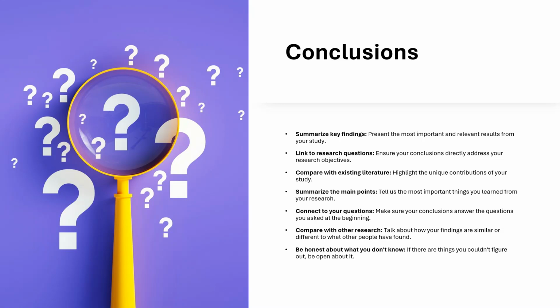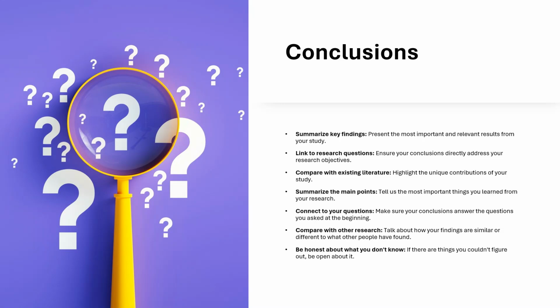And be honest. Be honest about what you found and really what you don't know. If there are things you couldn't figure out, be open about it because that shows confidence in what you've done and it won't trip you up.